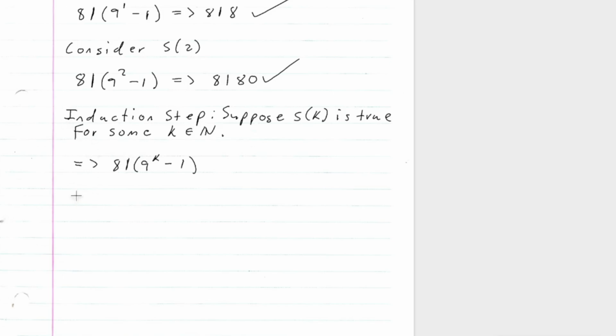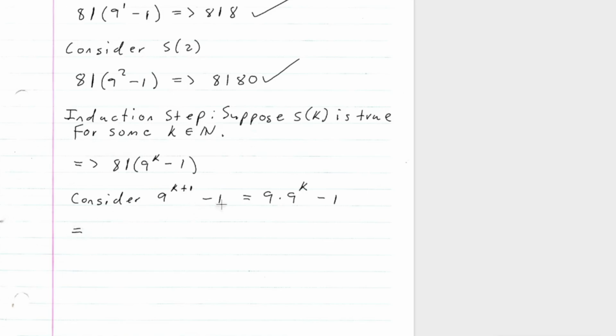So let's go ahead and consider 9 to the k plus 1 minus 1, right? Well, 9 to the k plus 1 minus 1 is the same thing as 9 times 9 to the k minus 1, right? That's using the rules of exponents. Okay?